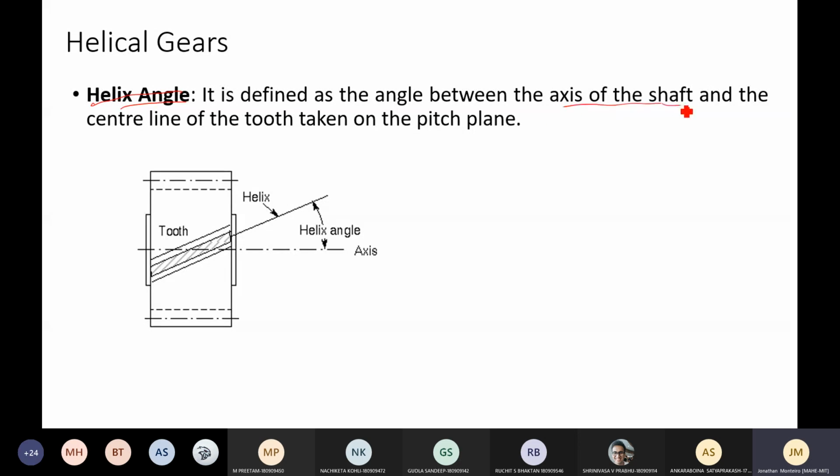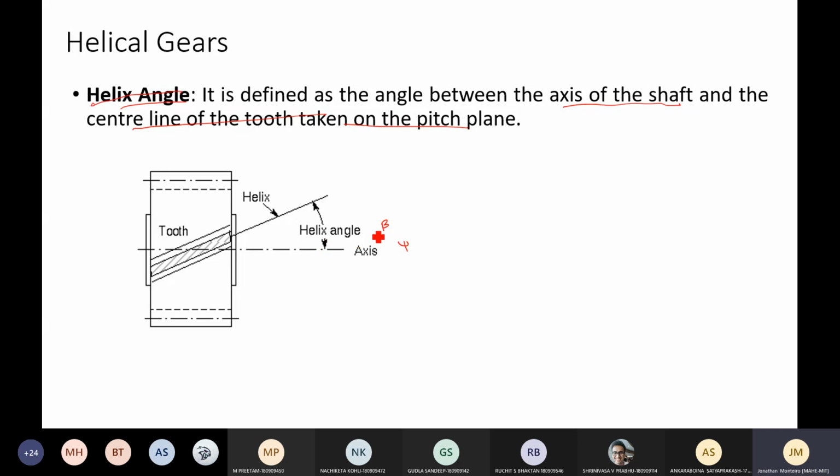Some of the data handbooks, I think our data handbooks, use beta. Beta is the angle. Some of them, especially in the case of figures, may use the angle psi. But make sure you are referring to the correct angle here. The helix angle beta is the angle made by the tooth, or I can say the center line of the tooth taken on a pitch plane, with the axis of the entire gear, or the rotation of the gear system.